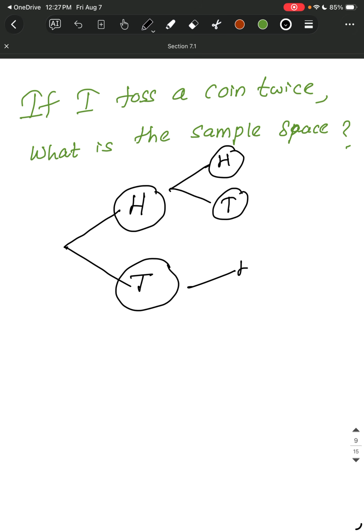So the possible outcomes are: first coin head and second coin head; first one head, second one tail; first one tail, second one head; first one tail, second one tail.